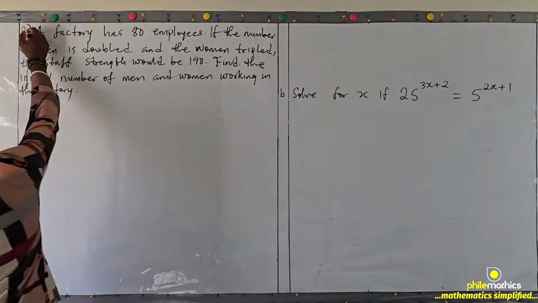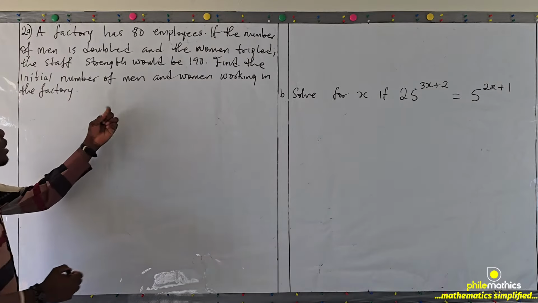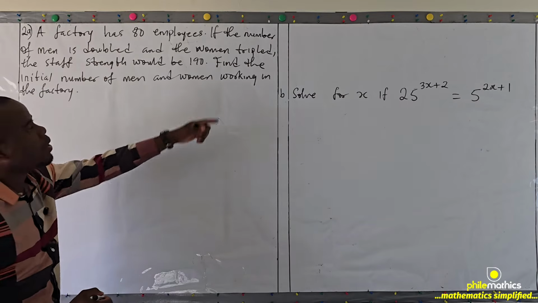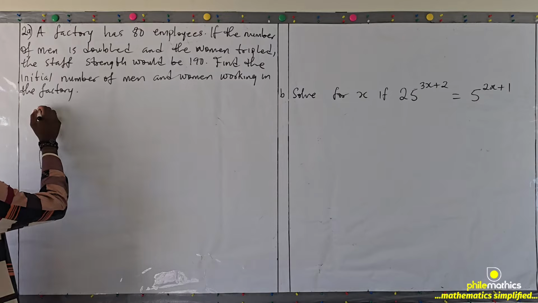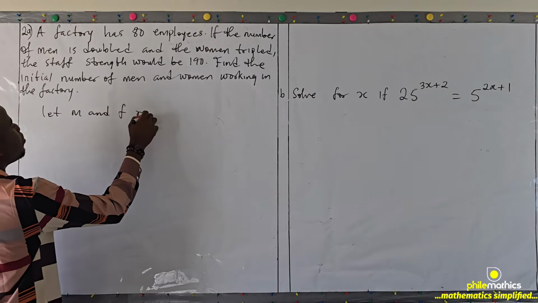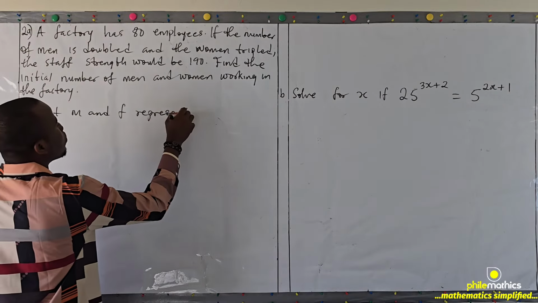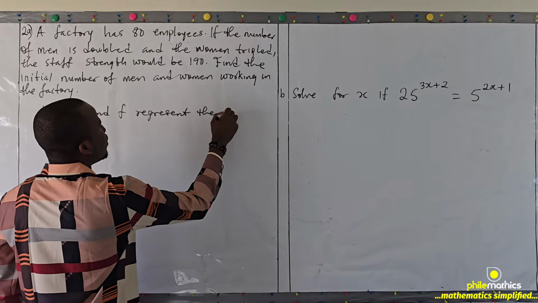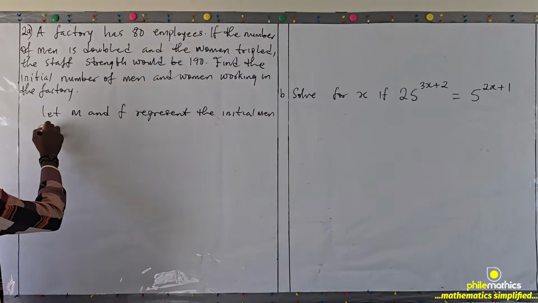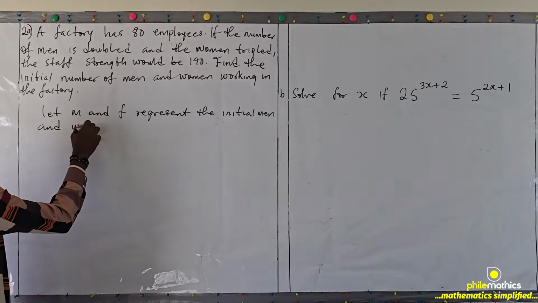So this is our A. So this is how we start. We start with what we are asked to look for. Find the initial number of men and women working in the factory. So we say, let M and W represent the initial men and women.